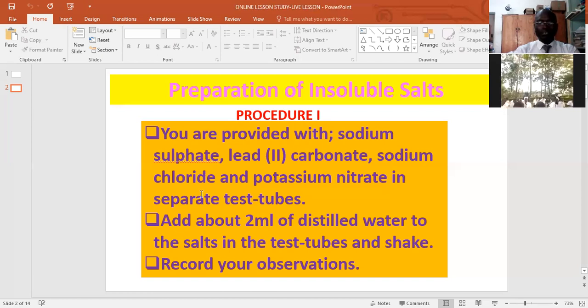So what you will do, class, is simply to add just about 2 milliliters of distilled water that has been provided in wash bottles to the salts in the test tubes, and then you will shake. The last step, Caroline, again. Record your observations. So that is the first activity that we want to engage in.